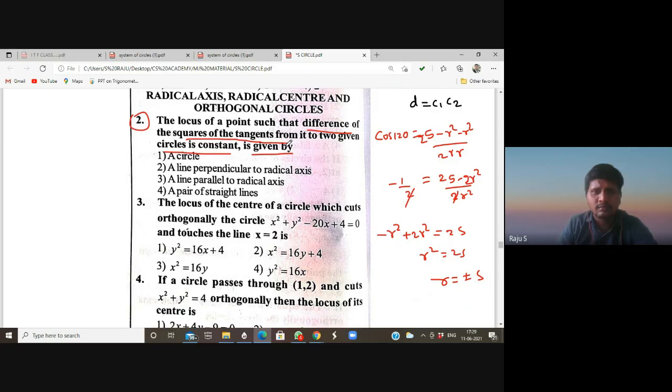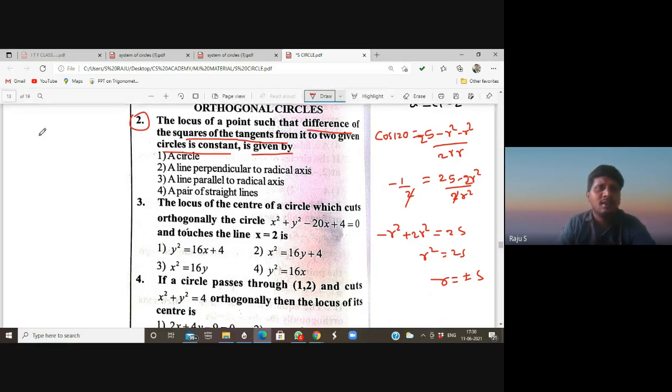Okay, students, how can you do this? What is given here? Tangent is given.